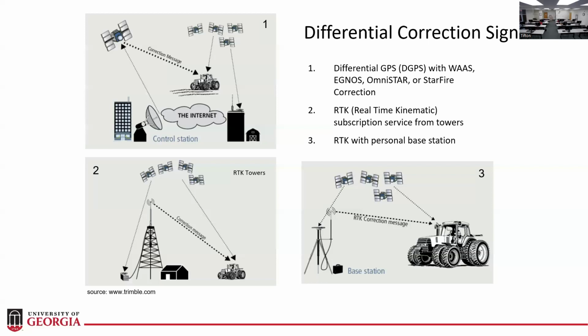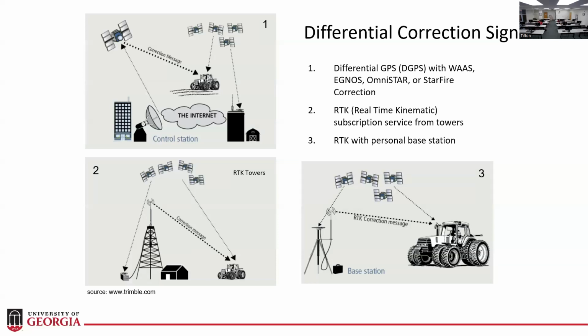So let's say that I have an RTK correction on my tractor, and I plant my corn row here in 2021. In 2022, I can use that same coordinate, same map in my tractor that has an auto steer system, and it's going to be able to plant that seed within 1 inch. That's how accurate this is, and that's why of course they charge you to have that correction signal.